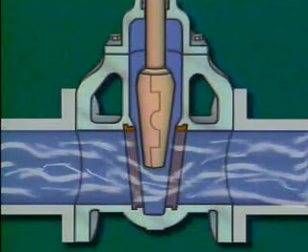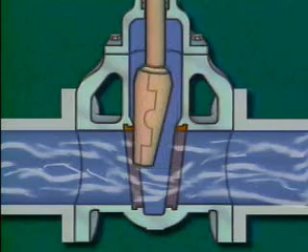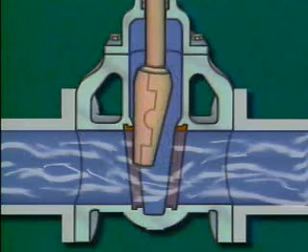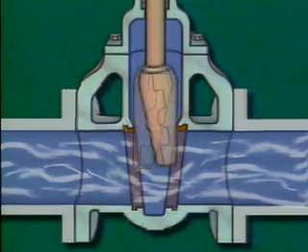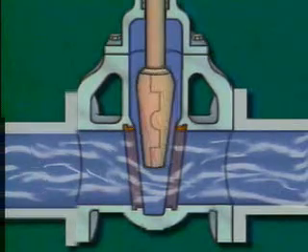This type of flow creates turbulence and causes the disc to swing from side to side, banging or chattering against the seating area. The chattering quickly leads to wear on the seat and the disc. Eventually, the damaged valve won't be able to shut off flow even when it's fully closed.